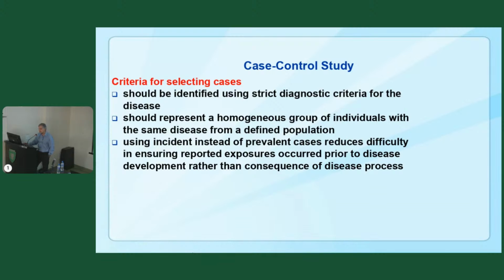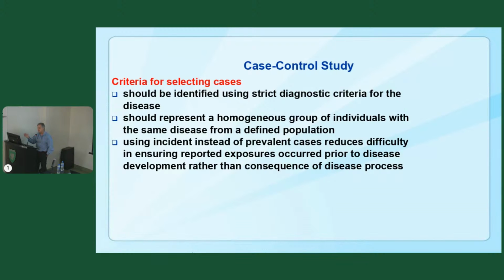Criteria for selecting cases, again, should represent a homogeneous group. Use incident cases. Do not do a case-control study with prevalent cases. Make sure there are incident cases. Otherwise, you're not replicating a cohort study in a quick and dirty way. You're representing something else. You need to have incident cases.